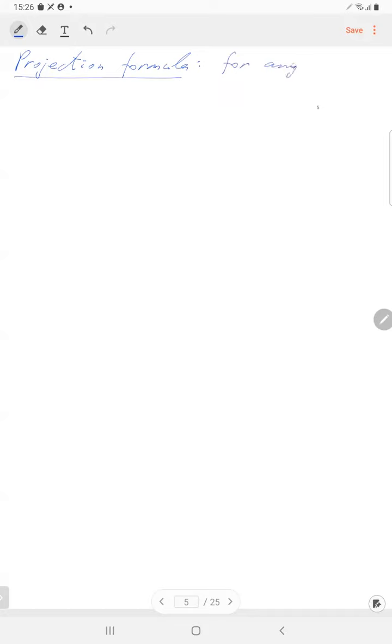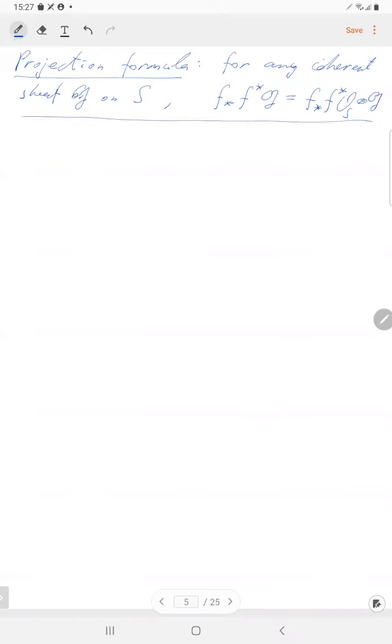For any coherent sheaf, say G on the base S, if you want to pull it back to C and then push forward back to S, then you do this once and for all for the structure sheaf O_S, and then tensor with G. Okay, this is a very useful projection formula, and it's a local computation, and locally it's an obvious property of extension and restriction of scalars.